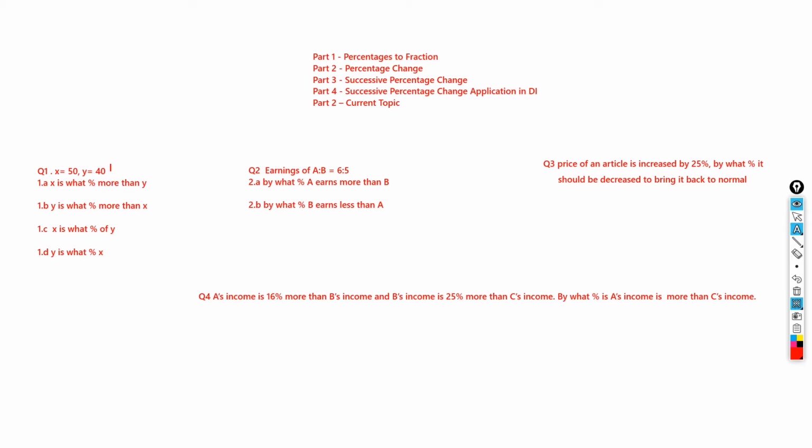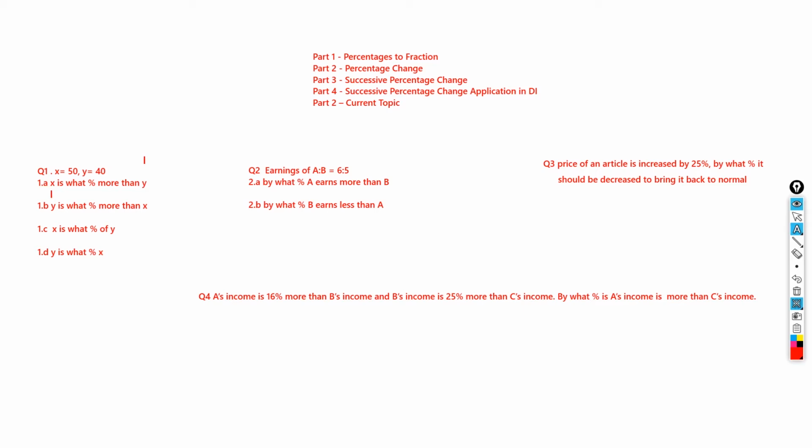The first question is: if x is 50 and y is 40, then x is what percent more than y, y is what percent more than x, x is what percent of y, and y is what percent of x. In the first one, x is what percent more than y, it is asking like, let's say, x is 20% more than y.